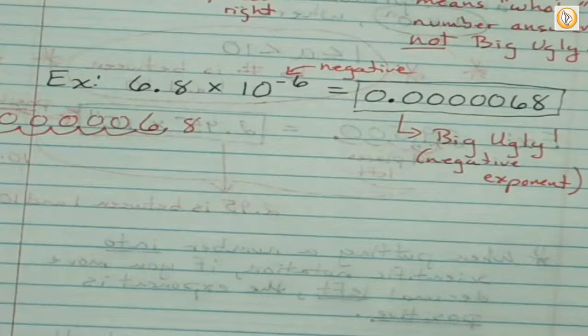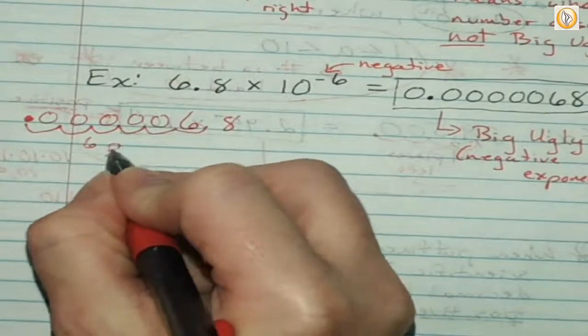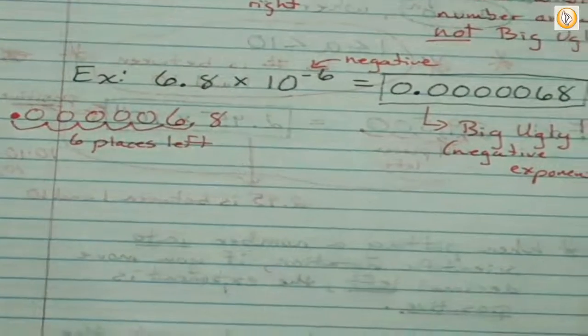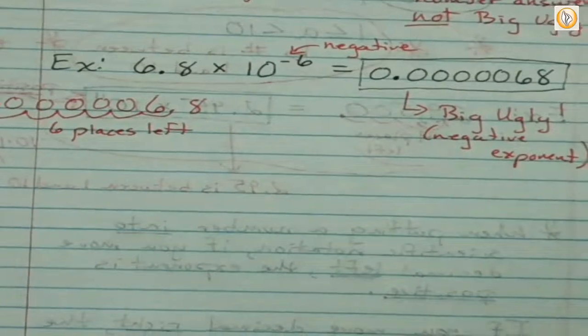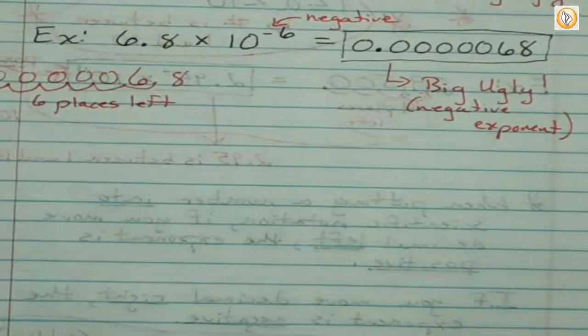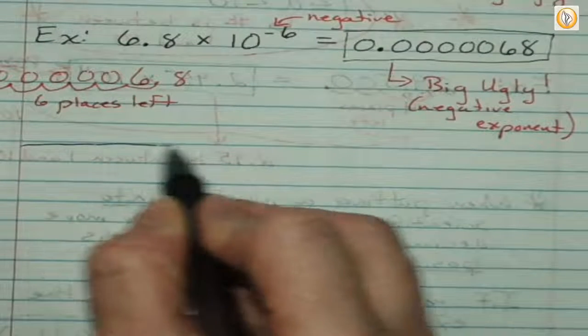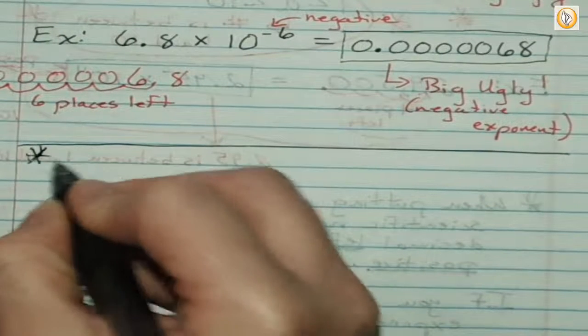Make sure you're moving it in the right directions. Oh, and I forgot to write 6 places left. So you're moving it basically the opposite of if you were putting it into scientific notation. Again, that's hard sometimes for my students to remember. That's why I invented Big Ugly. Now, Miranda wanted to learn this, so let's get started.